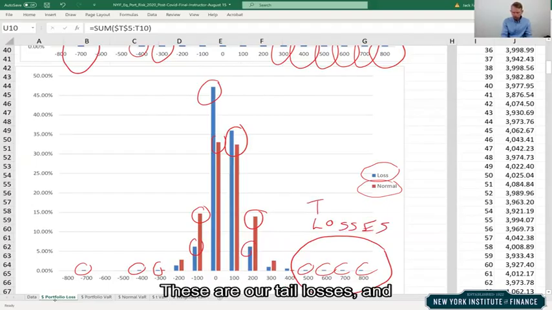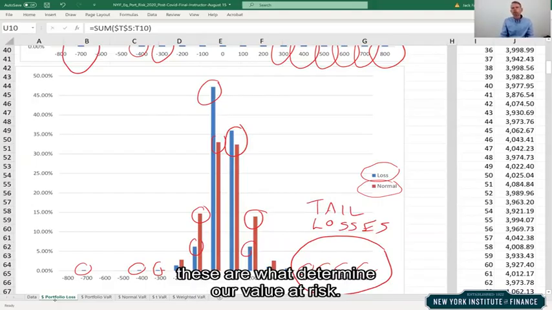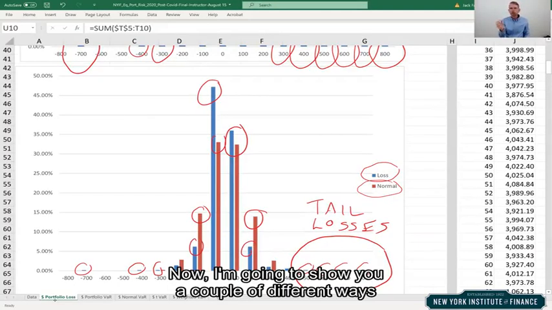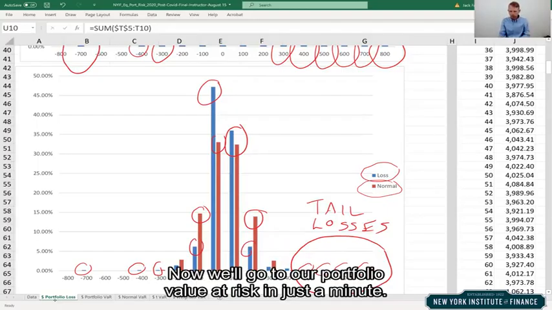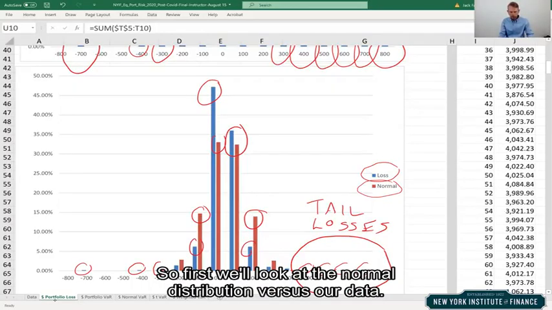So these are our tail losses, and these are what determine our value at risk. Now, I'm going to show you a couple of different ways of calculating value at risk this time. We'll go to our portfolio value at risk in just a minute. So first, we'll look at the normal distribution versus our data.